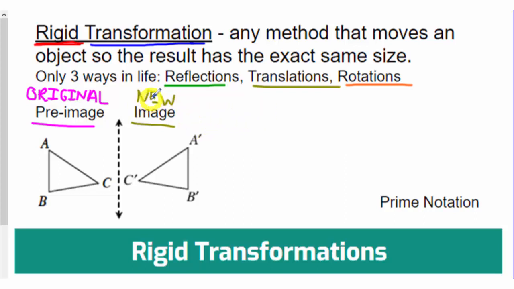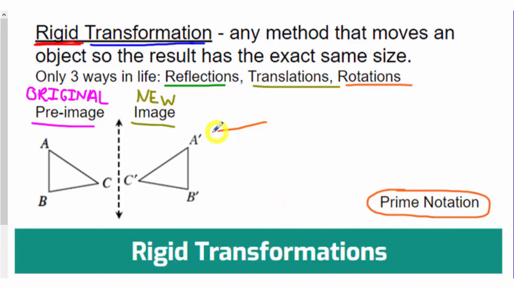Now, sometimes when we have the two shapes, whether it's on paper or graph paper, it's hard to tell which shape was the original and which one's the new one. And so mathematicians have a symbol that we use so that we can tell them apart. You may have already noticed what that symbol is. We call it the prime symbol, and when we use it, it's called using prime notation.